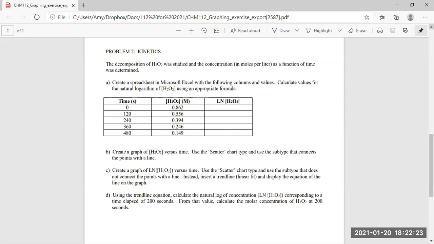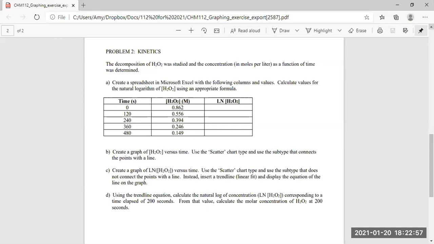At 240 seconds, I used it up from 0.556 down to 0.394. So even before I graph it, I can make a vague estimate and say my concentration needs to be bigger than 0.394 but smaller than 0.556, because it's 200 seconds, so it's somewhere in that gap.